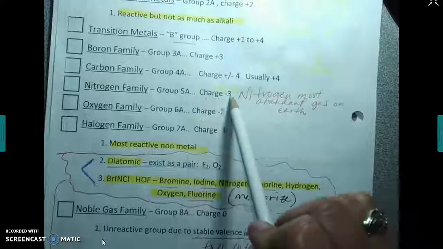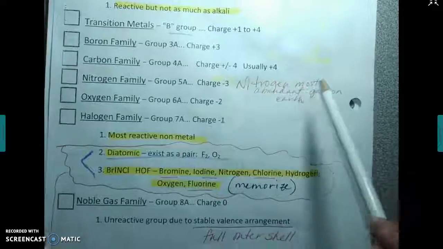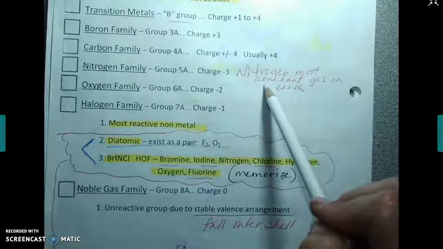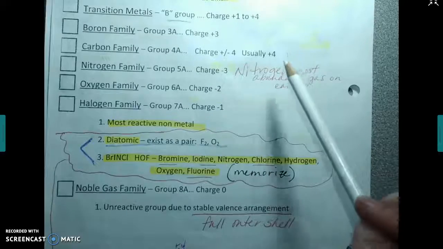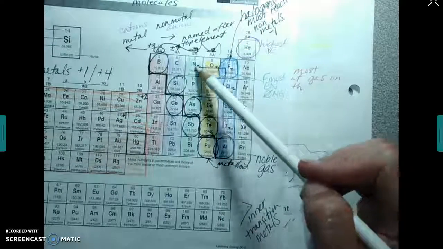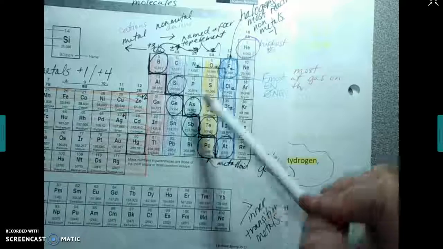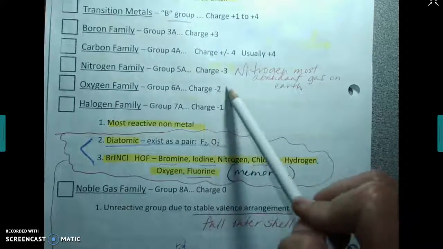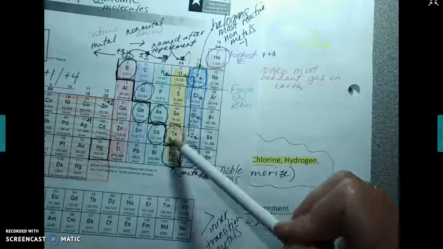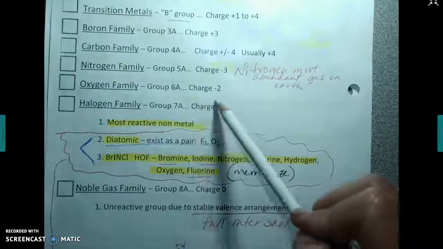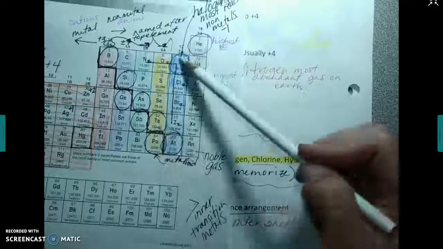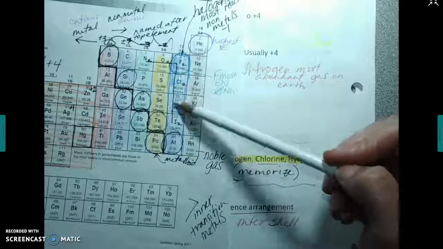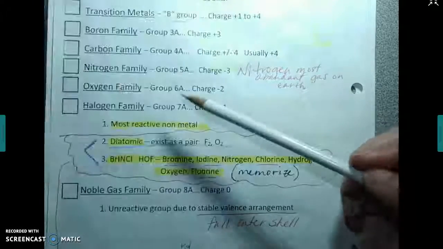The nitrogen family, which nitrogen is the most abundant gas on Earth, comprises 78% of air. This is group 5A. It has a -3 charge. The oxygen group, a -2 charge. The halogen group is a -1 charge, and this is the most reactive nonmetal group.